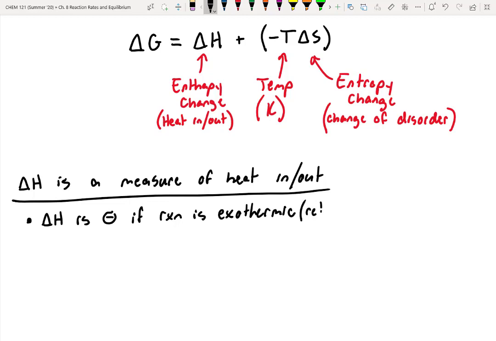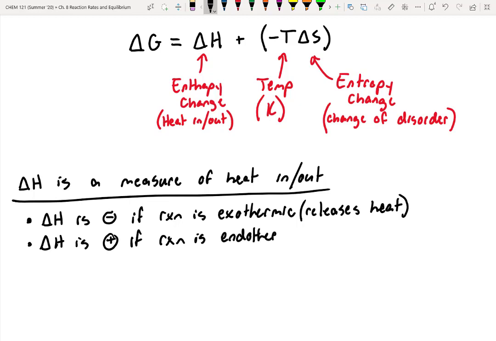Well, it means it releases heat, if you remember. All right, and then the opposite is true, that delta H, the change in enthalpy, is positive if the reaction is endothermic, meaning it absorbs heat, or it requires heat for that reaction.